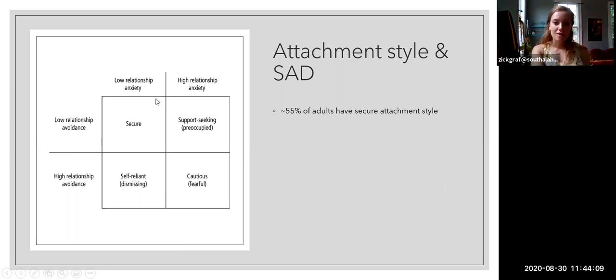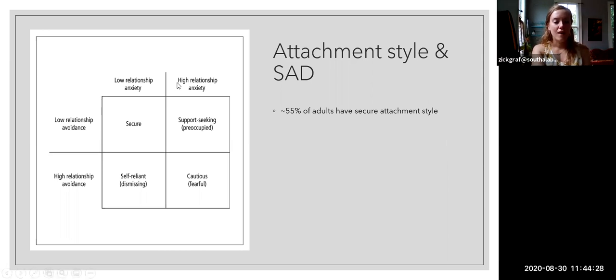Someone with secure attachment, which is about 55% of adults, has both low relationship avoidance and low relationship anxiety. They seek out relationships, but being in a relationship doesn't make them anxious. It makes them feel good. It makes them feel mostly positive emotions.